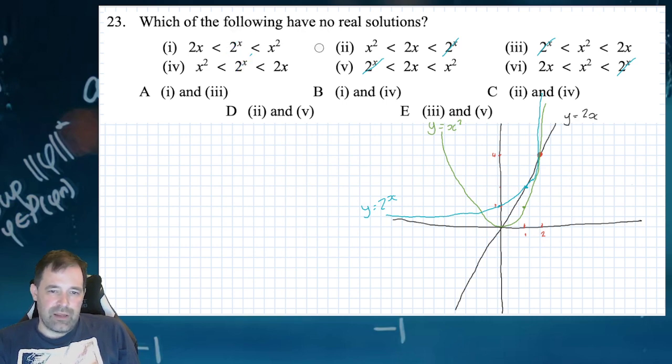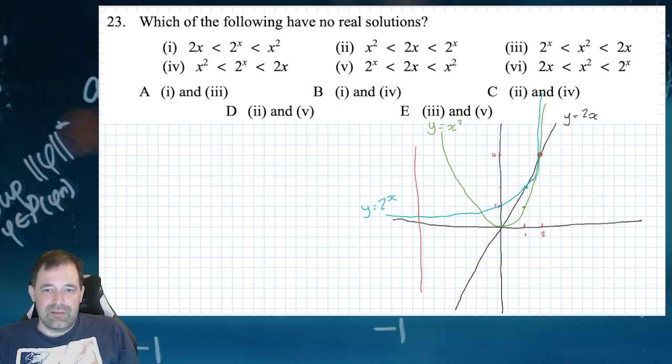So let's get rid of that and try and work out areas of the graph where each of these things is true. Right, so, oh dear. So in this area of the graph, the order is x squared is biggest, then 2x, then 2 to the x.